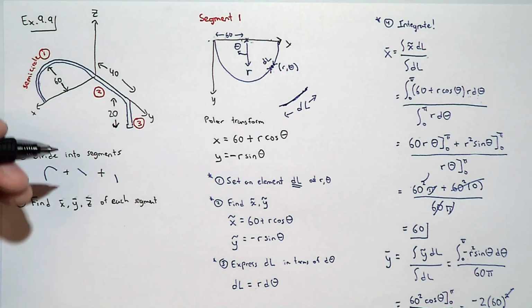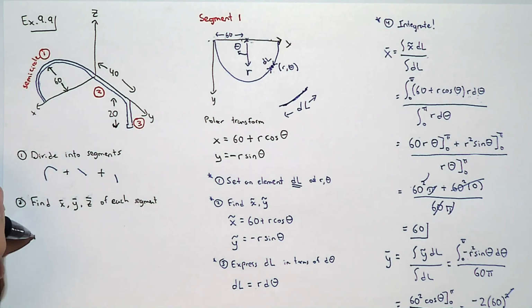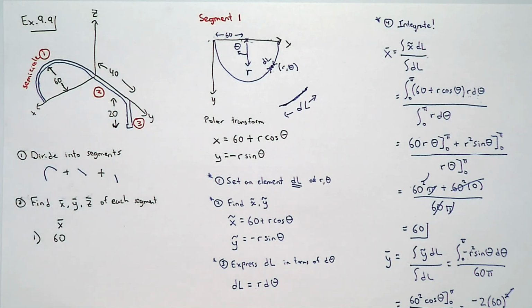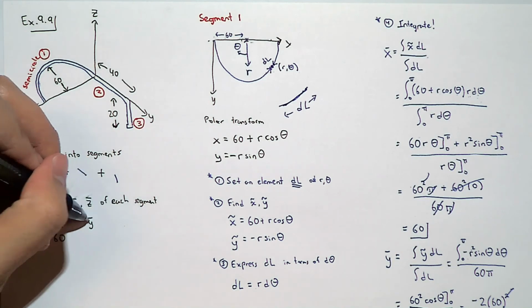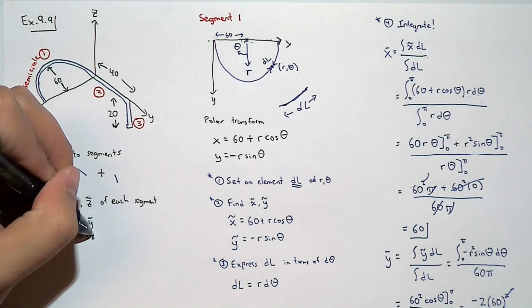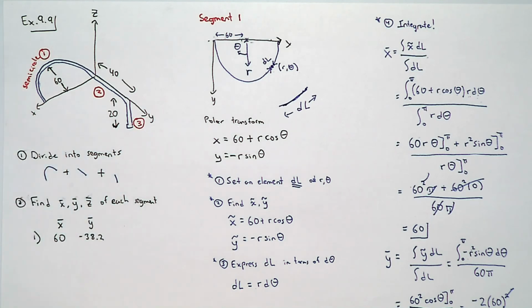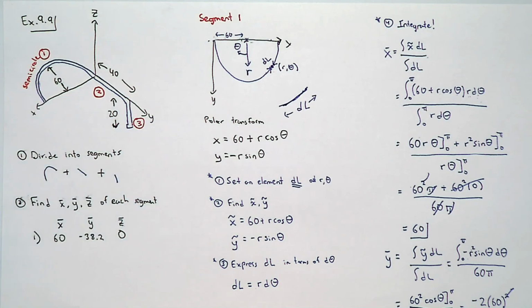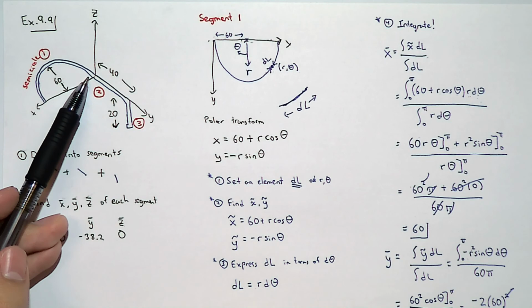And we found that for our first segment, the x coordinate was 60. The y coordinate was negative 38.2. And what about the z coordinate for this first element? 0. Good. For the second segment, where's the centroid of this bar?